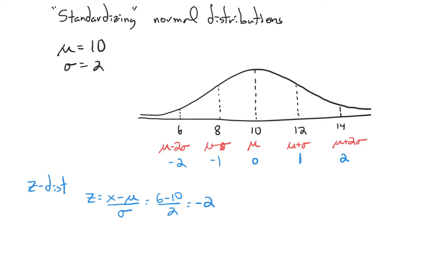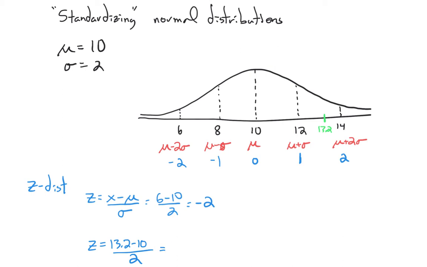And just like before, let's say we had this point, I don't know, this looks like what, 13.2. What's the z-score of 13.2? Well, z is 13.2 minus 10 over 2. So how many standard deviations away from the mean is 13.2?